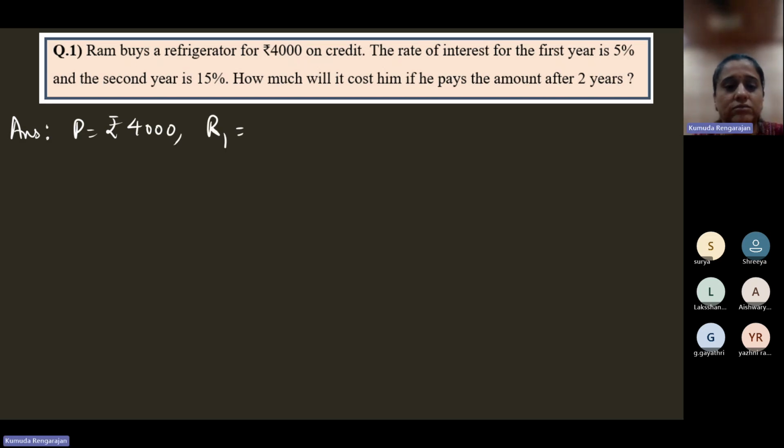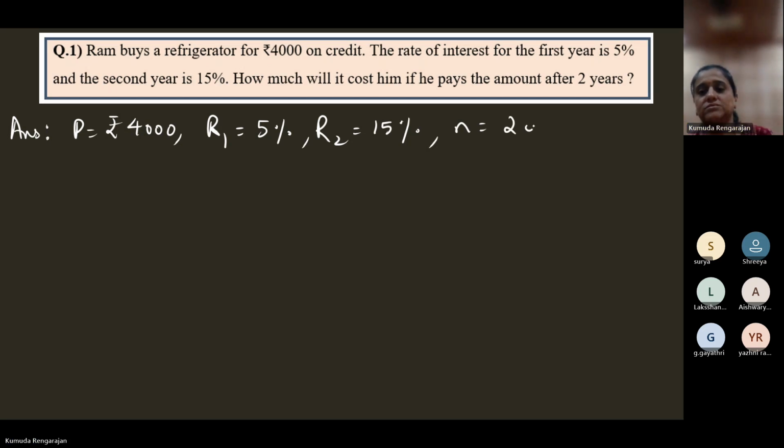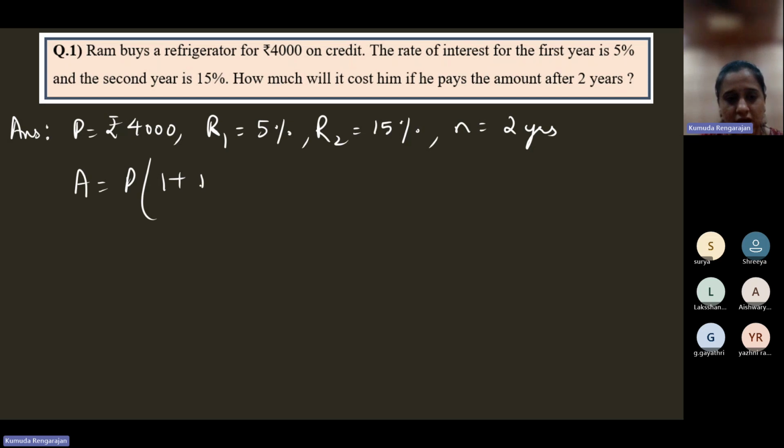R1 is equal to 5%. R2 is equal to 15%. And N is equal to 2 years. Amount is equal to P into (1 plus R1 by 100) into (1 plus R2 by 100).